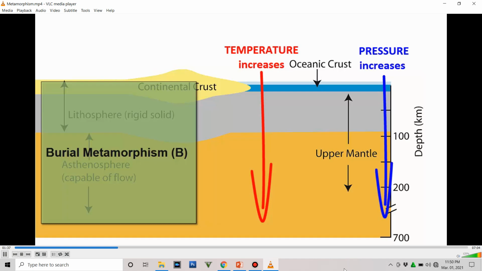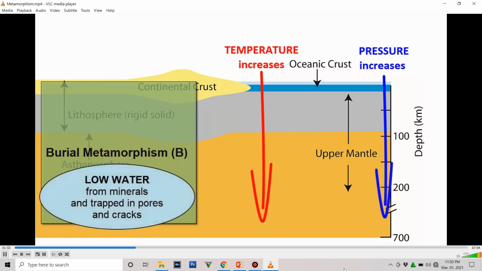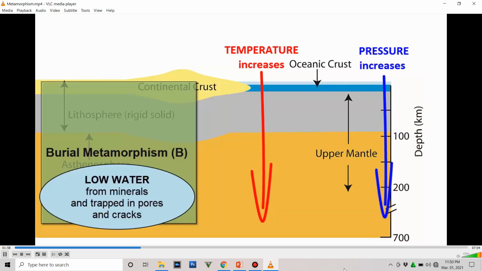These temperature and pressure gradients will vary in particular geologic settings, such as subduction zones or between converging continents, but where rocks outside these areas are gradually buried over time, their temperatures and pressures will rise steadily together. There's usually no large source of water in burial, just whatever water happens to be inside the mineral formulas or is trapped in holes in the rocks.